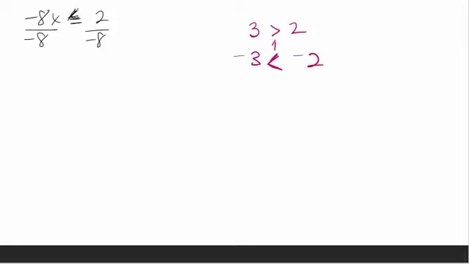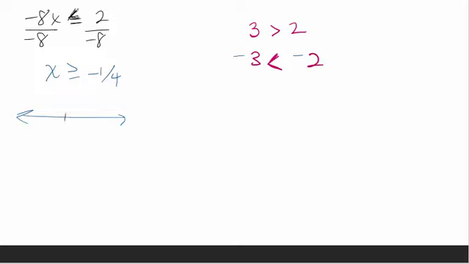So we would have to flip this inequality symbol. So anytime you multiply or divide by a negative when working an inequality, don't forget to flip the inequality symbol. And so we get x is greater than or equal to negative 1/4.